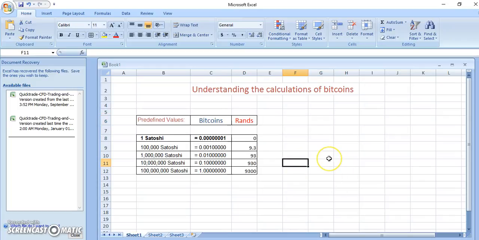So that's a 0.1 plus another 0.1 plus another 0.1 and another 0.1. Let me do it properly here.